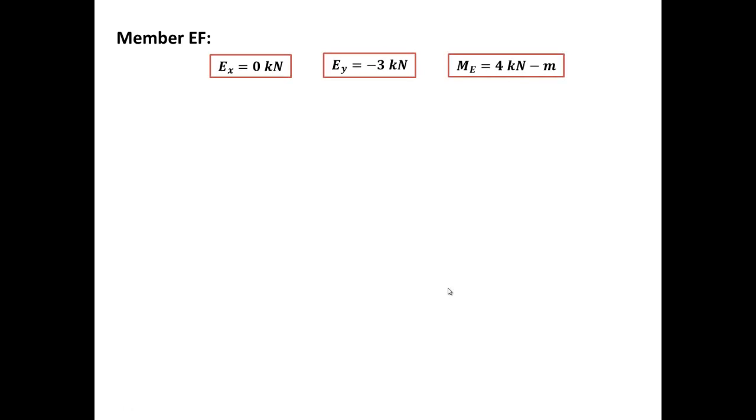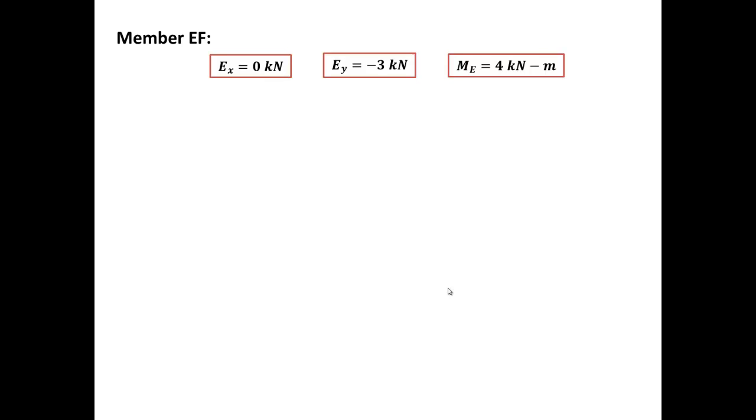Now member EF. These are the values we got for member EF. We had EX equals 0, EY equals minus 3 kilonewtons, and now we'll try to draw the shear and bending moment diagrams plus the normal force diagram for the whole frame, but we're going to take them member by member.